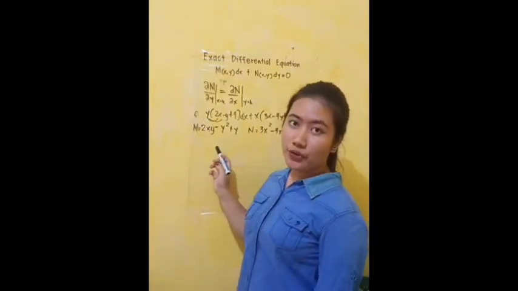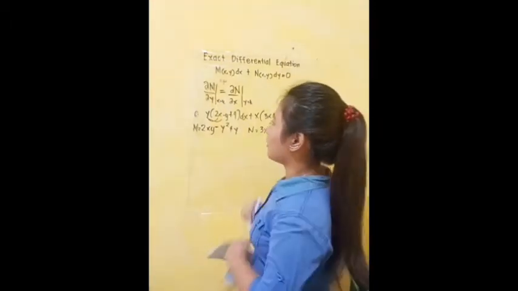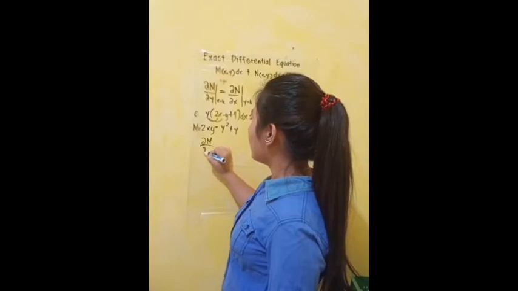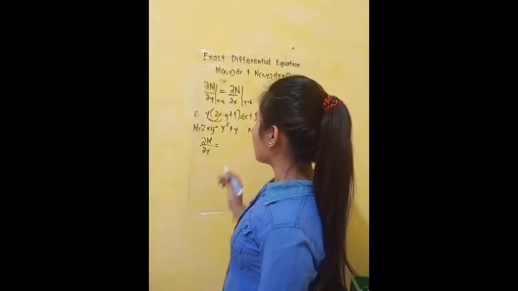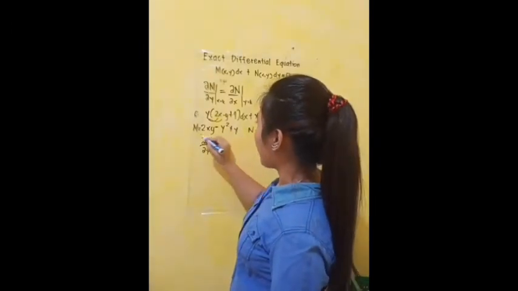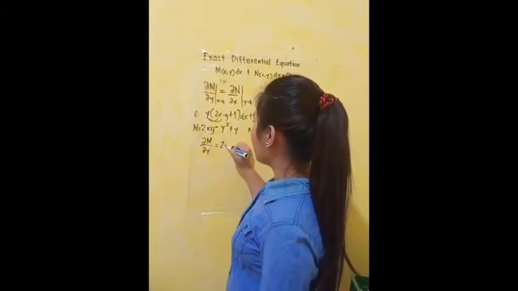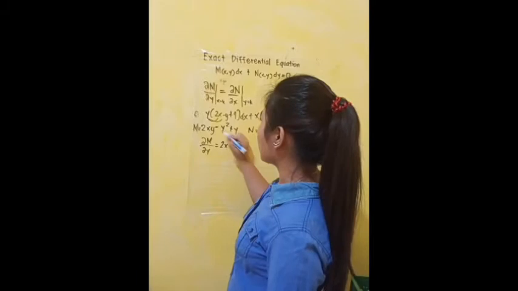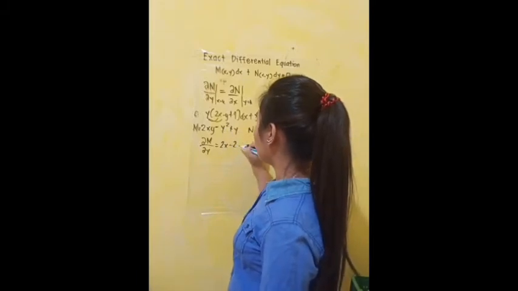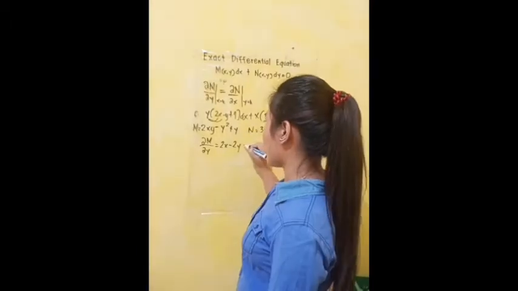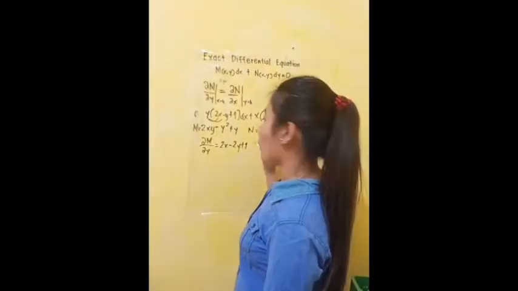Tapos, ang susunod natin ay yung kukunin natin yung partial derivative nila. Yung partial derivative ng M with respect to y is equals to, so, ayan. Kunin natin ang partial derivative ng 2xy ay 2x. Tapos ito, negative 2y. Tapos ito ay, ang derivative ng y ay plus 1 na lang siya.